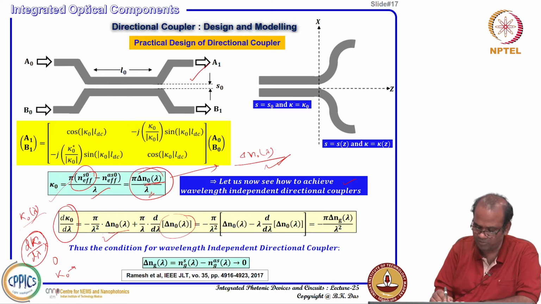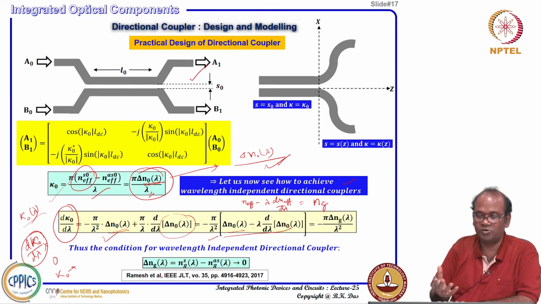So, if you modify a little bit, take minus pi by lambda square common, then it will be delta n, then minus lambda d delta n by d lambda. This type of thing we have discussed earlier: n effective minus lambda d n effective by d lambda is actually nothing but Ng, the group index.